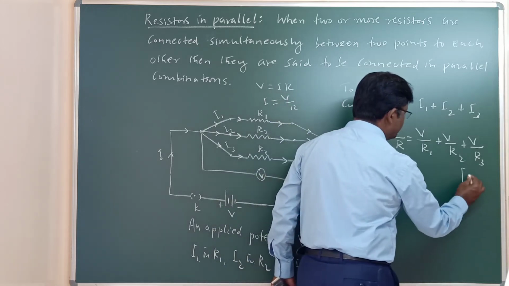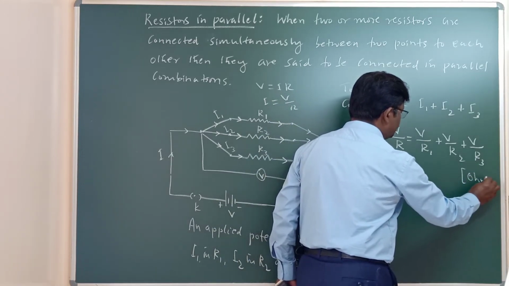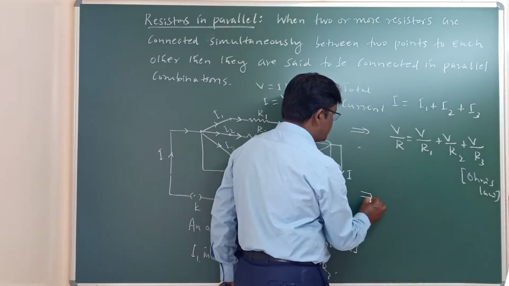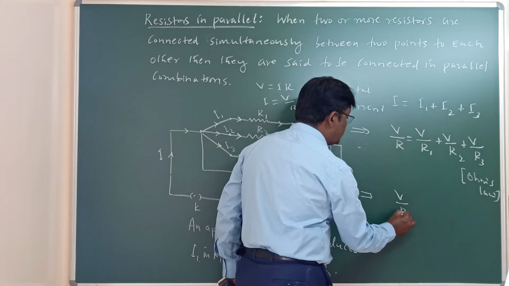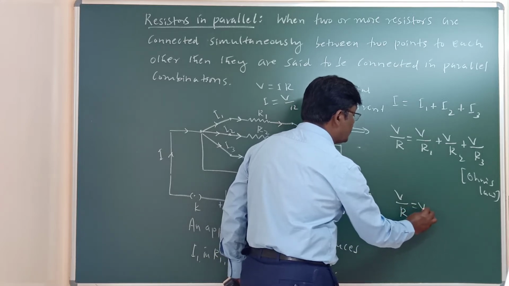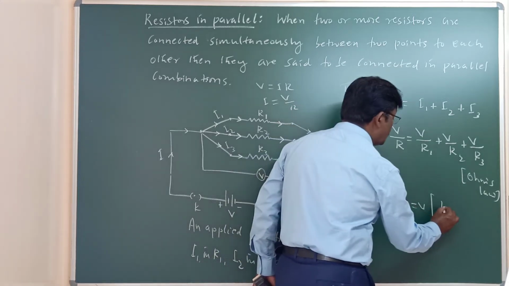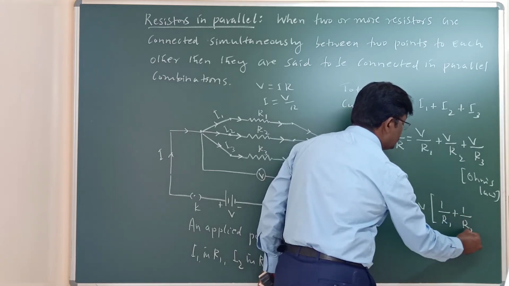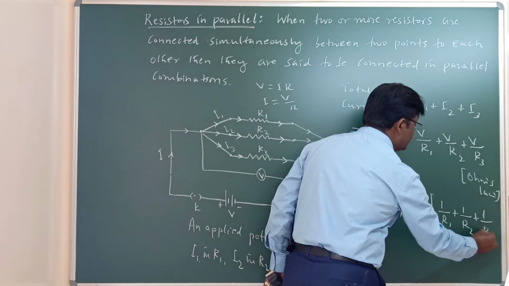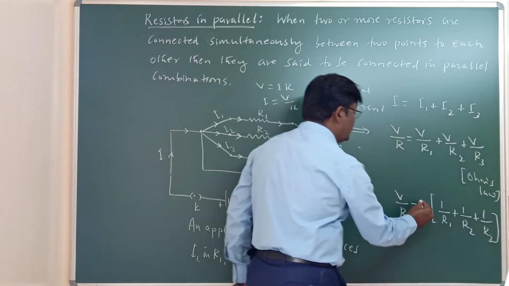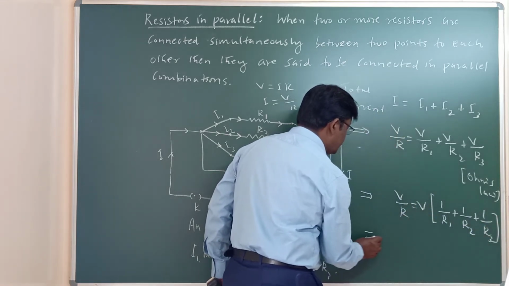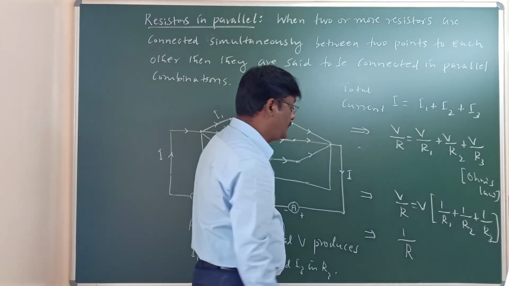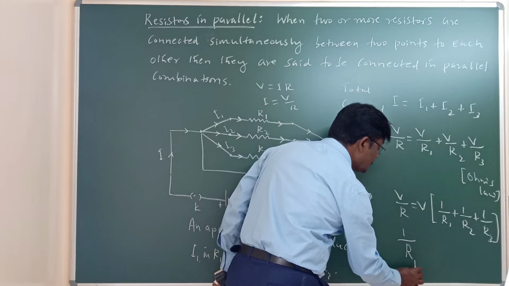In bracket mention the reason: Ohm's law. Now therefore this implies V by R equal to V common, 1 by R1 plus 1 by R2 plus 1 by R3. V and V get cancelled. Finally, we will have 1 by R. Here, I write this R as RP.